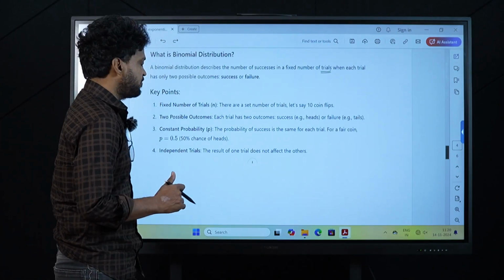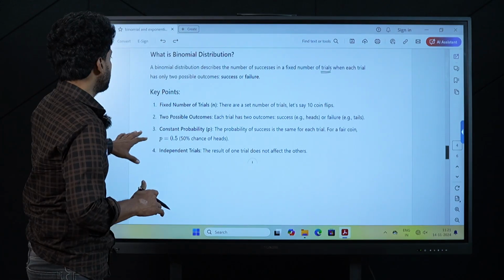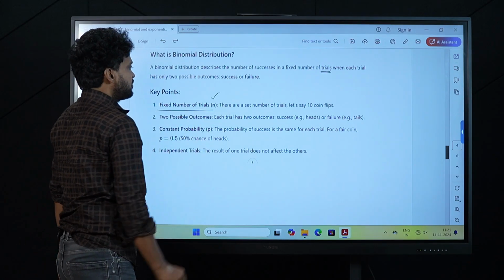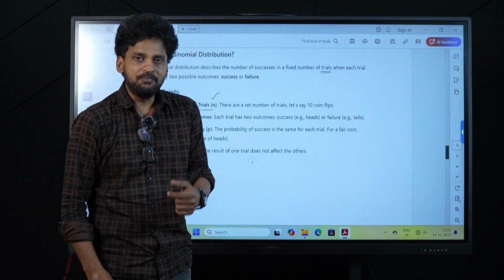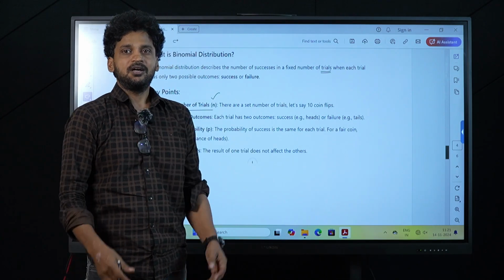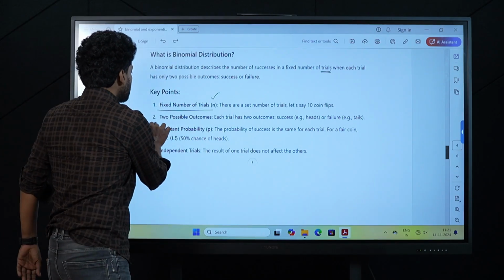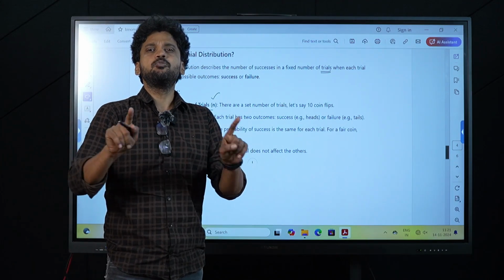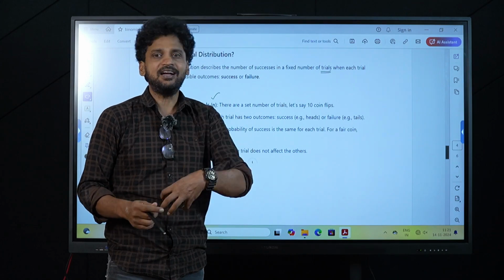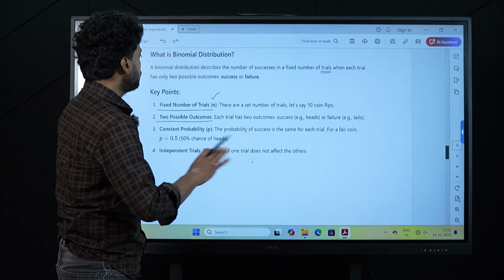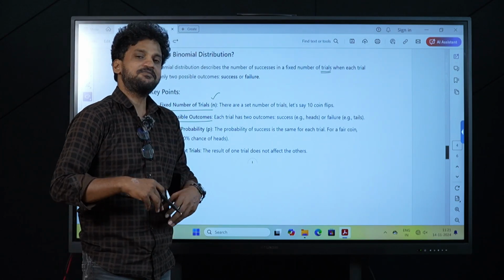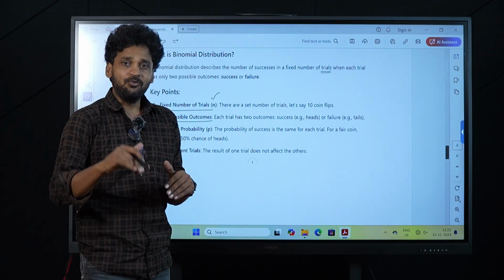Before we get into the details, let us understand the key points. The number of trials will be fixed, that is n. For example, we are going to flip a coin 10 times. Every time you flip the coin, there are only two possible outcomes, either head or tail, success or failure. What counts as success or failure depends on what you call.